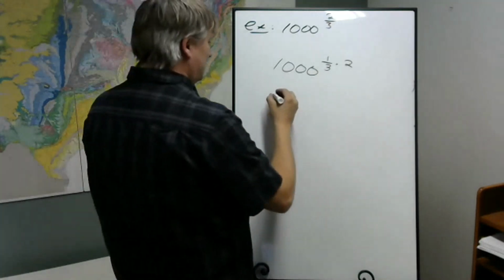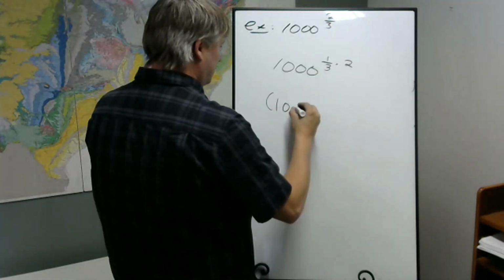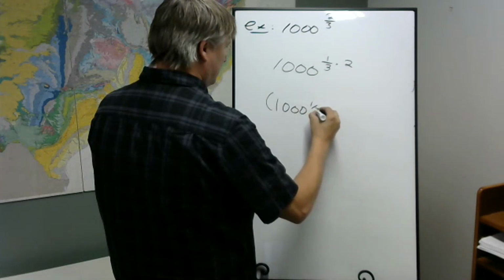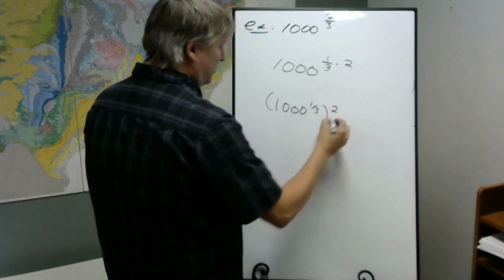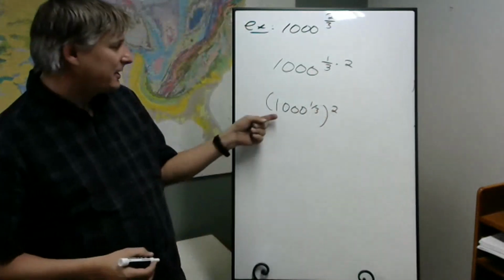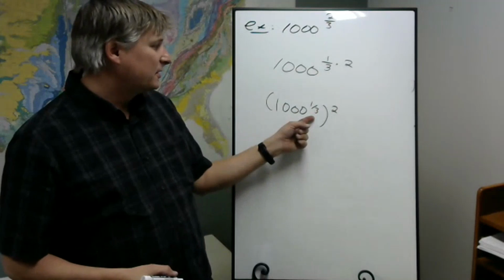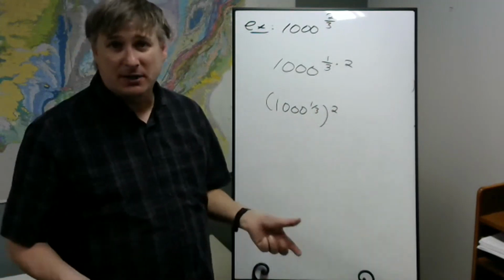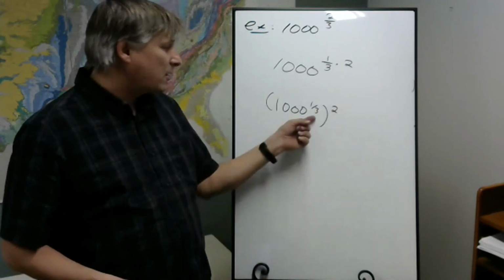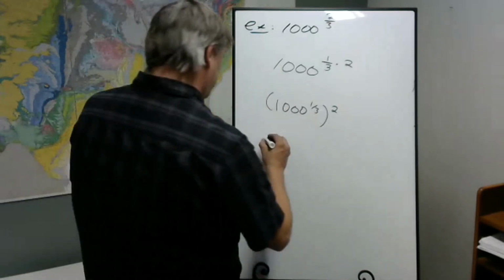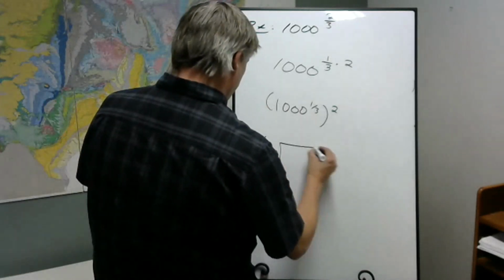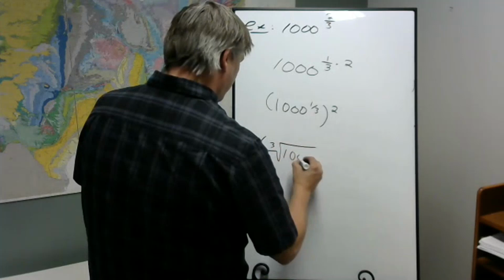So we can treat it like we have 1,000 to the 3rd, and then we're squaring whatever that turns out to be. Now, 1,000 to the 3rd is the cube root of 1,000.